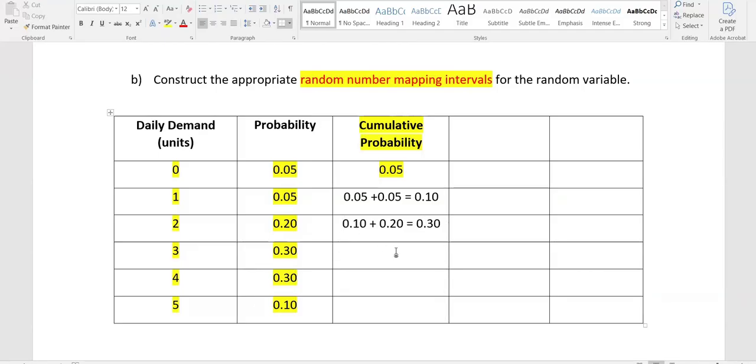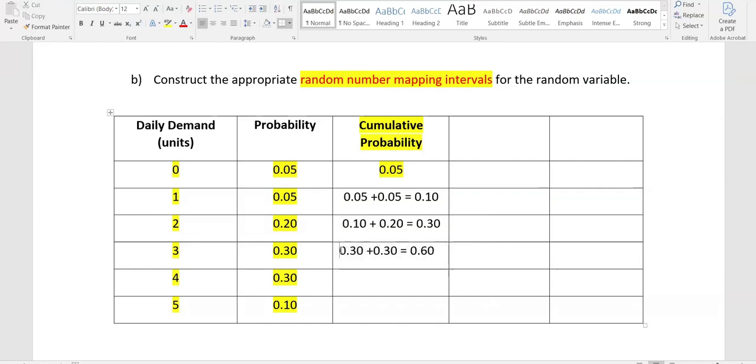Yes, sir. Then I bring forward that 0.30 from the cumulative probability cell before, and add it to the probability that I'm in line with, which is 0.30, and that gives me 0.60. Get it? Yes, sir.